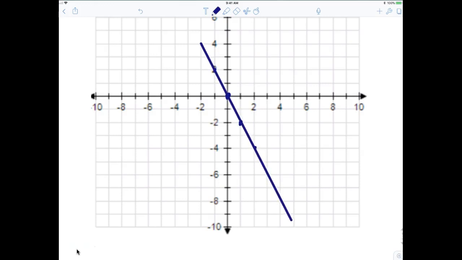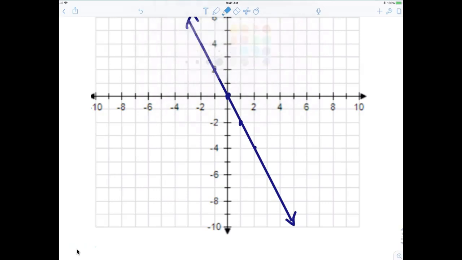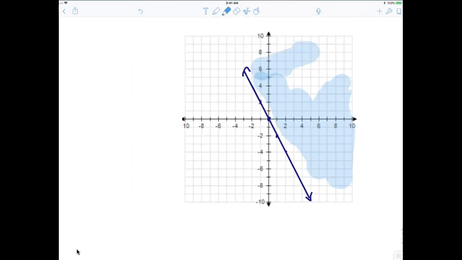Are we above the mountain? So we're going to shade above. Everybody agree with that? Now keep in mind, we're not saying to the left or to the right. We're saying above and below. Anybody have any questions?